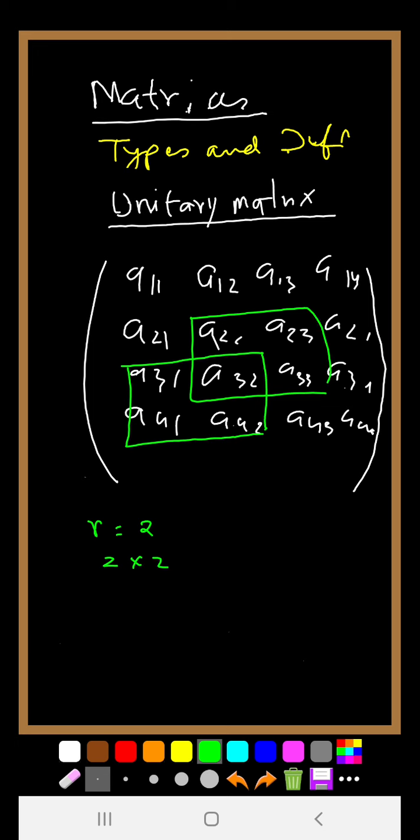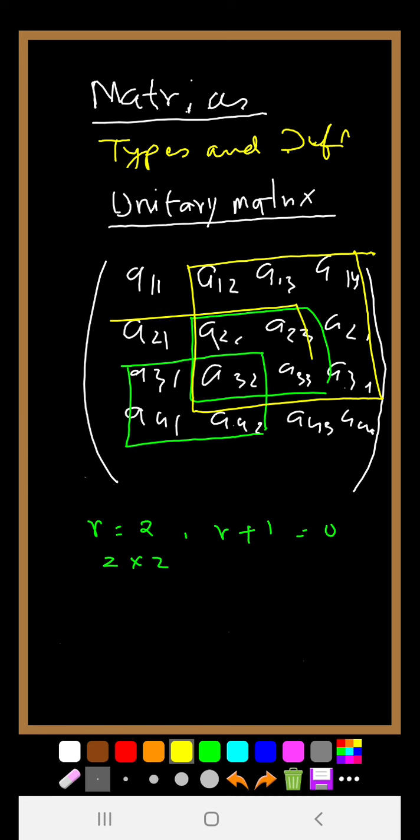However, every 3 cross 3 matrix, that means every R plus 1 matrix, can have a lot of combinations, and every one of them exists and is equal to 0.